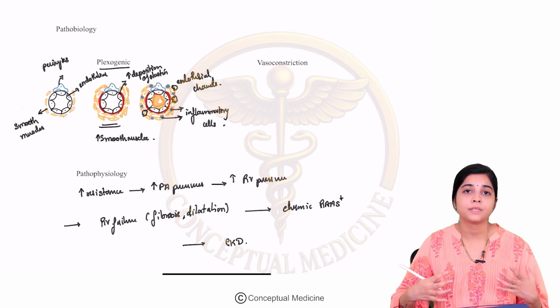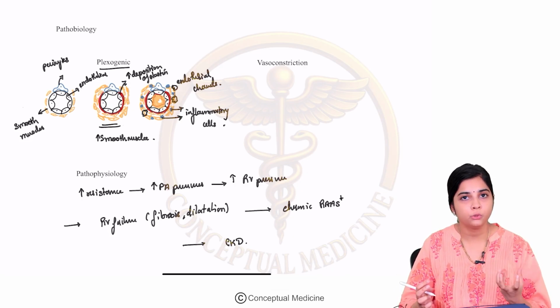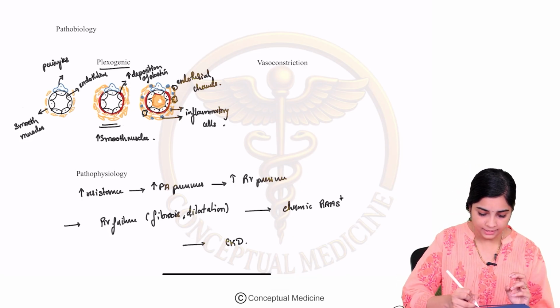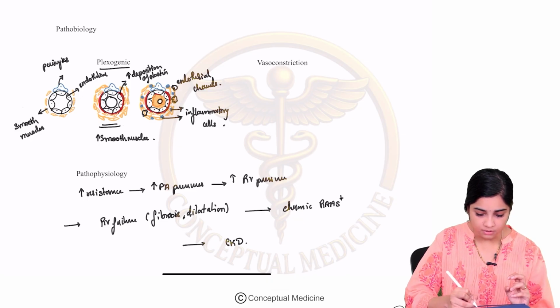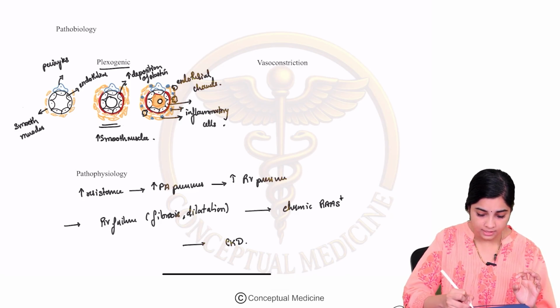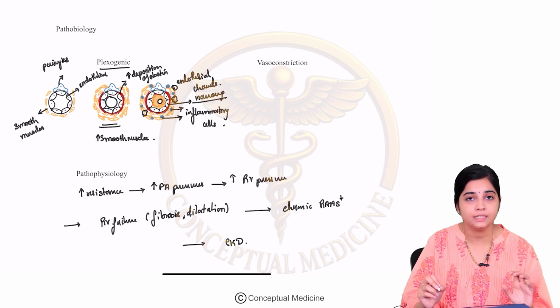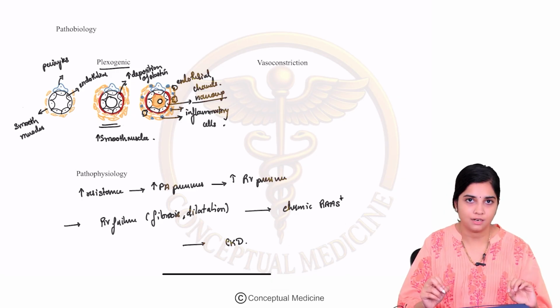And as the smooth muscle cells and the fibroblasts begin to proliferate, they encroach within the lumen of the pulmonary artery. Can you see that the lumen which was so big has become so small? So they encroach within the lumen and cause narrowing of the pulmonary artery.